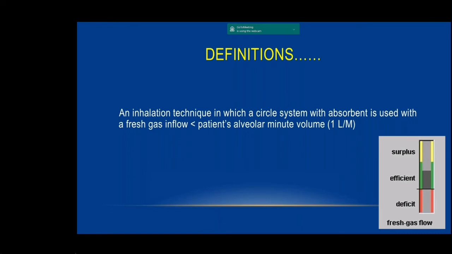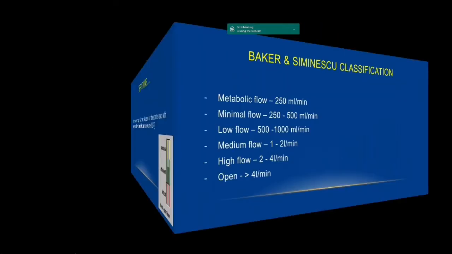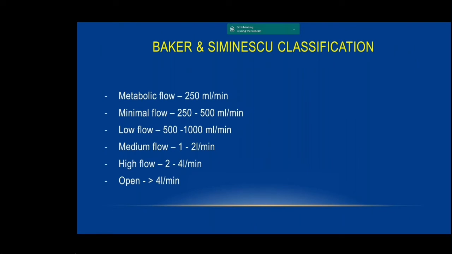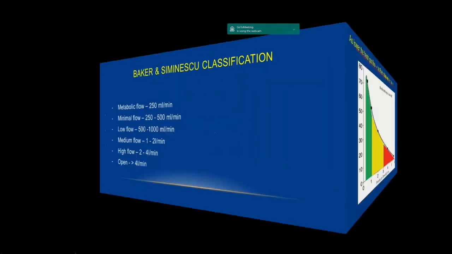Usually it is taken as 1 liter per minute. Now there is a classification, Baker's classification, which gives various figures: metabolic flow is said to be 250 ml per minute, 250 to 500 is minimal flow, 500 to 1000 is low flow, and so on, where more than 4 liters is considered open.